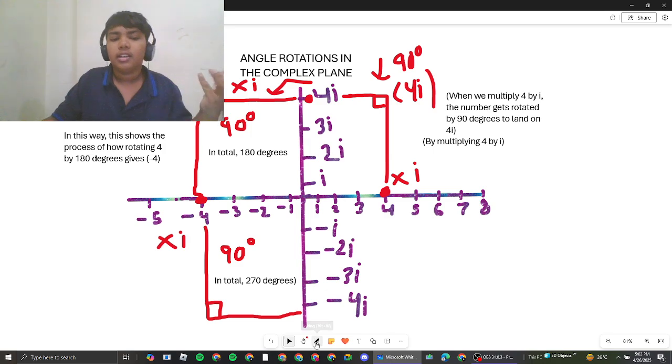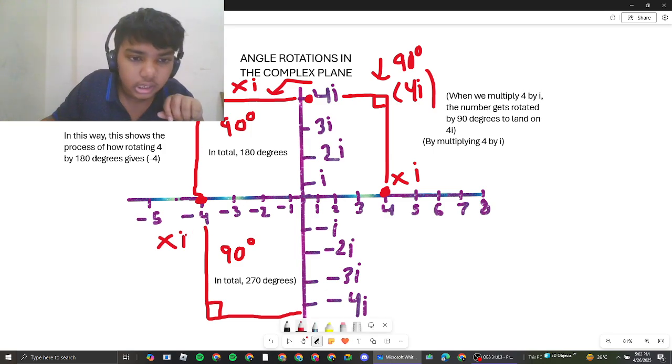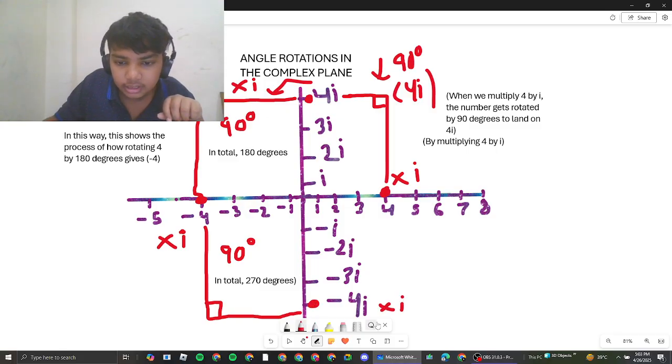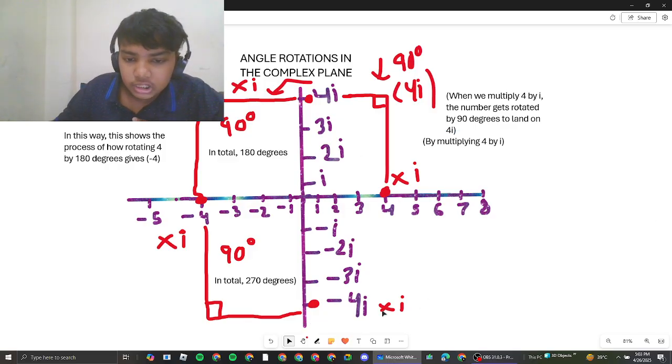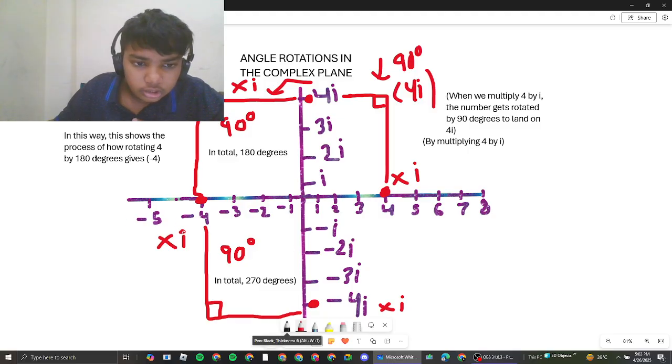Now let's do this again. If I have a number 4i, I'm going to multiply this by i again. If I multiply this by i, I'm going to land on 4.